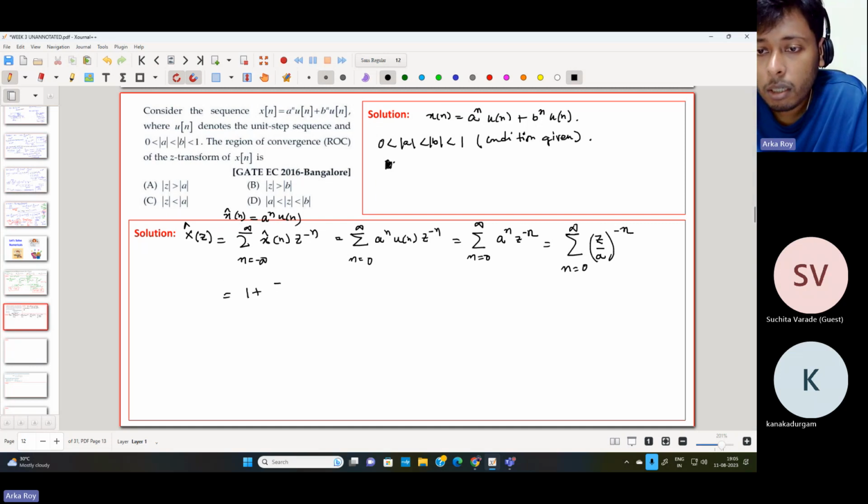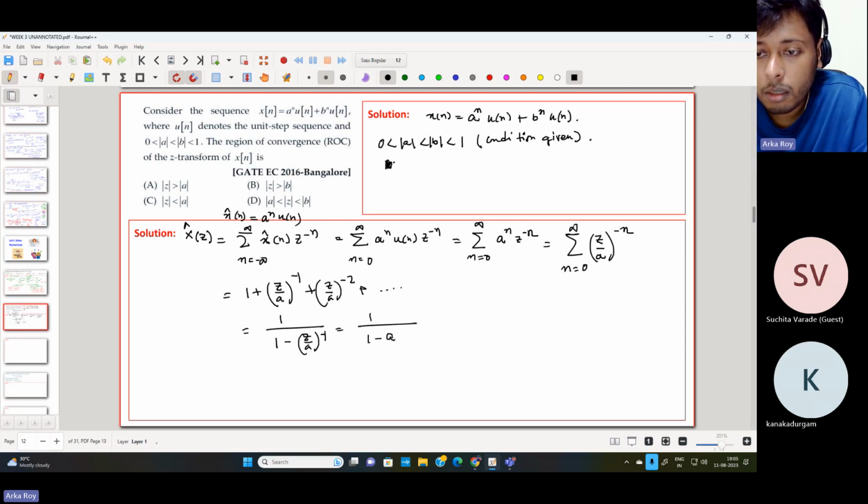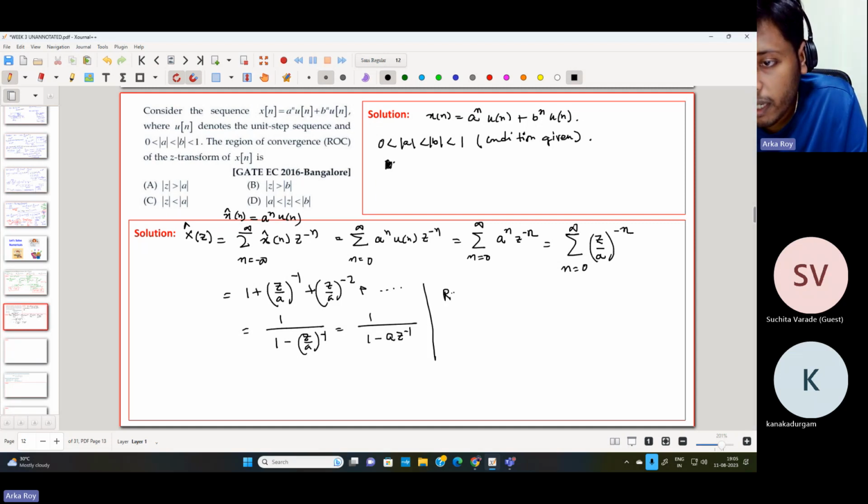So it will be like 1, z by a to the power minus 1, z by a to the power minus 2, dot dot dot. So the summation will be 1 minus z by a inverse, or I can write it like that, 1 minus a z inverse. Okay, so this is the Z transform, and I need to find the associated ROC also.